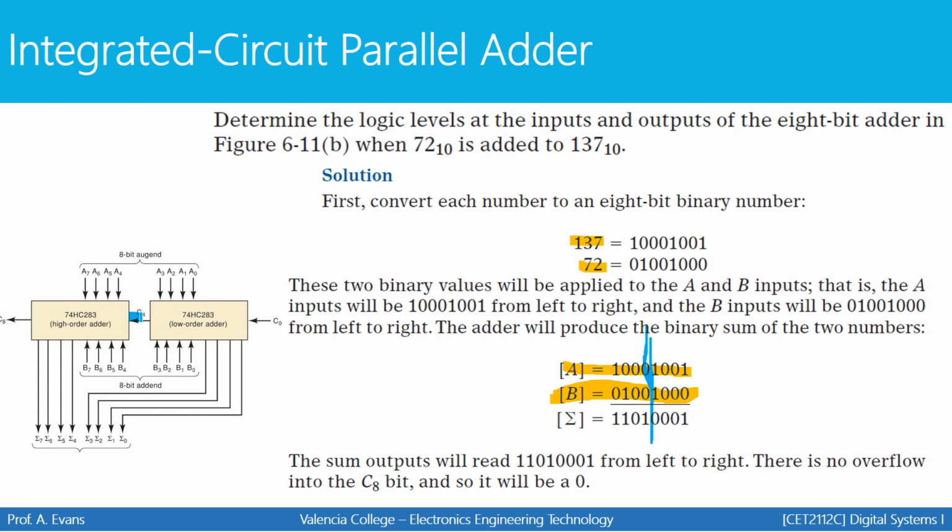So right here, this carry would be a 1, it would be high, because the lower order adder would determine that when you add up the lower 4 bits, you end up with the carry coming out of 1. This adder is going to combine the 1000 with the 0100 and the carry coming out of the lower order adder. It will combine all of those values to get 1001 for its sum, and then you combine the sum together for a final answer.